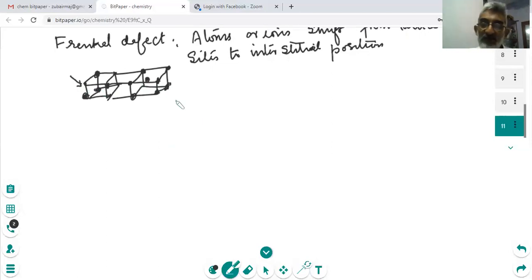That is what you call the interstitial position. So cations are getting displaced.